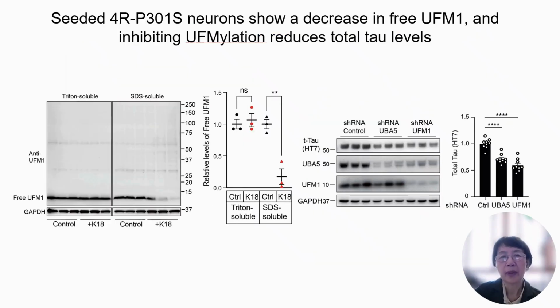We next compared the levels of UFMylation in K18-unseeded and seeded 4R-P301S neurons in soluble and insoluble protein fractions.